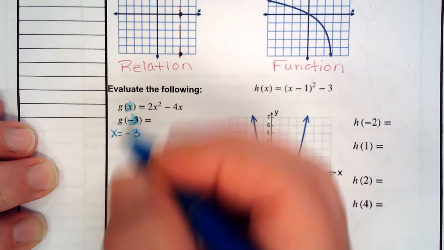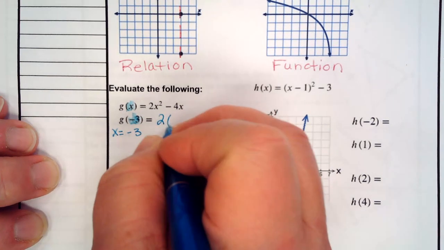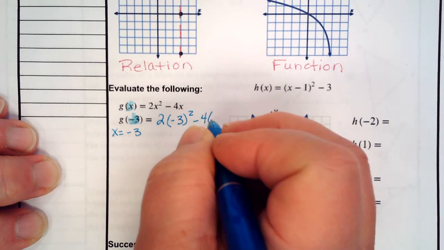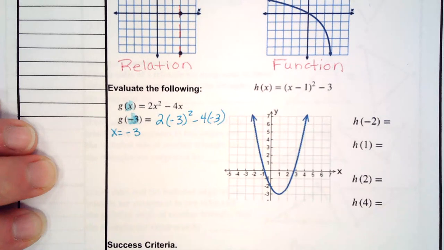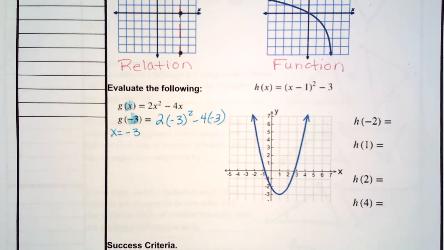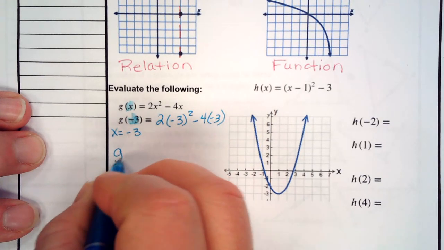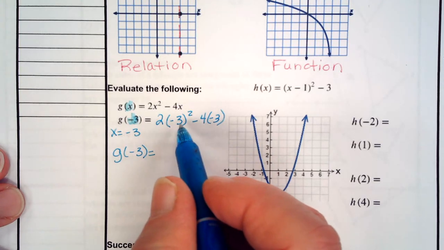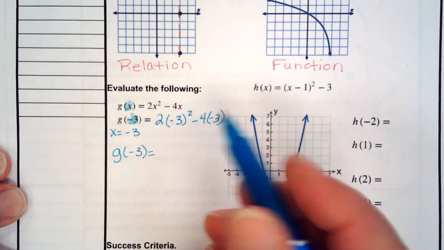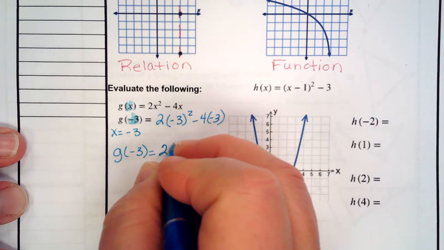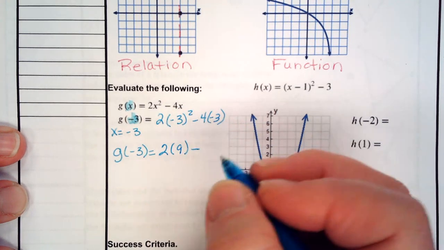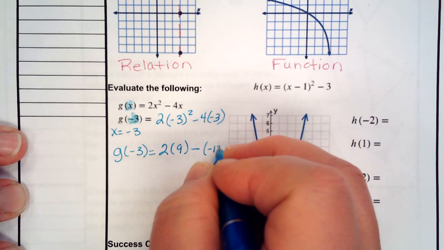So 2 times -3 squared minus 4 times -3. Just simply substituting in. Okay, -3 squared is 9. So this is 2 times 9 minus 4 times -3 is -12.